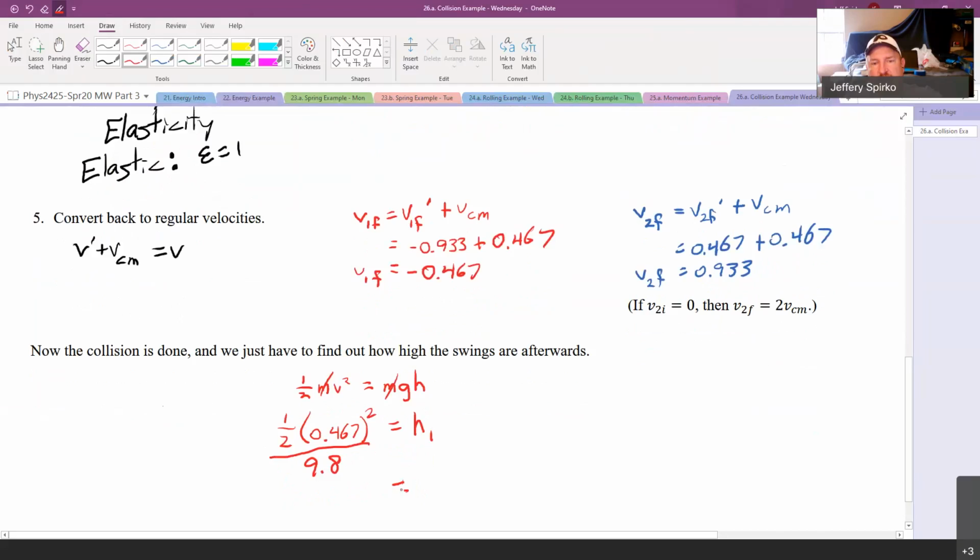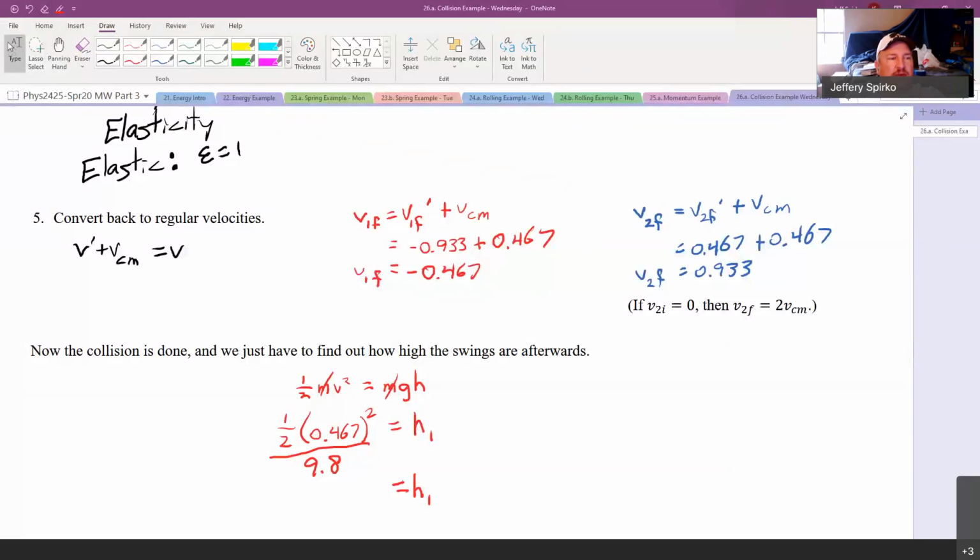So h1 is equal to 0.5 times that squared over 9.8, 0.011 meters.